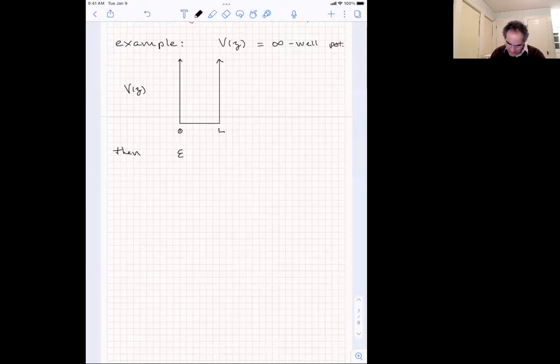Then we know the perpendicular energies. They're just given by this expression, h bar squared pi squared over 2m star L squared times n squared, where n is a quantum number.